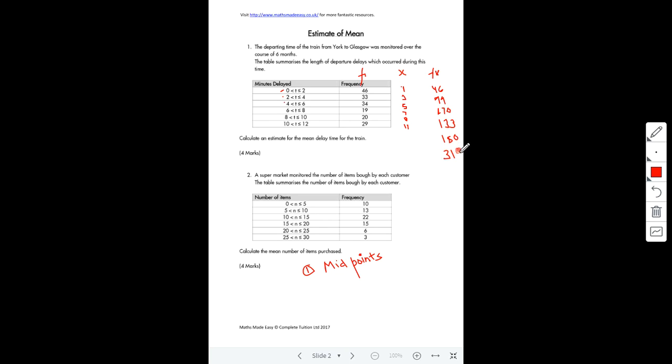Now what you have to do? Add all the fx, and add all the frequencies. So give me the value of the total.